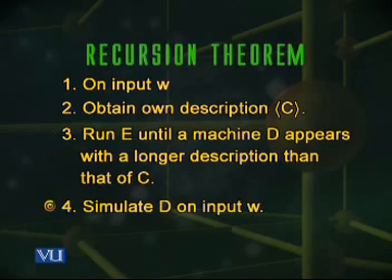Now what C does is once it finds a Turing machine D whose description is longer than itself, it simply starts simulating D on w. So what is C doing? It is waiting for a machine to be enumerated which is longer than it, and then starts simulating that machine on the input w. So C will behave like a machine which is longer than itself.